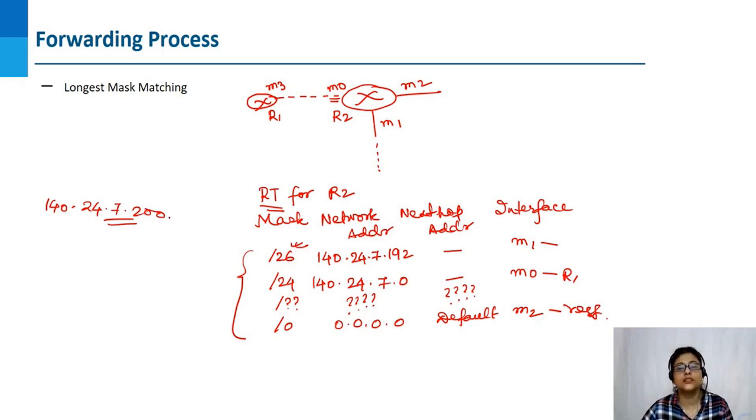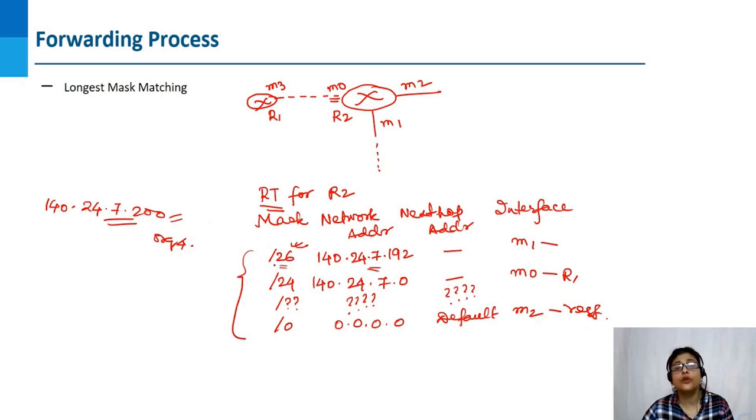So once the destination address comes, the router has to apply the proper masking, /26. If it applies this masking, it gets the network address 140.24.7.192, and it properly identifies the network address and goes to organization 4.